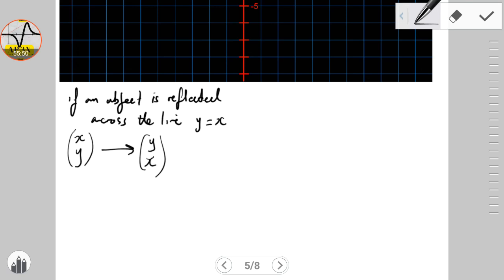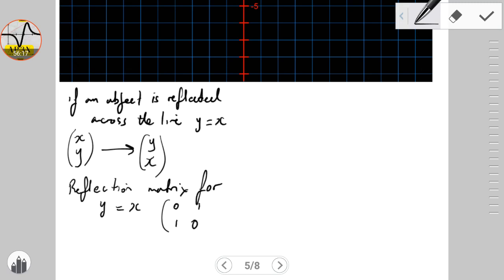Now, the correct way to teach this is to show a student the reflection matrix, and this can be a challenge for a lot of students. The reflection matrix for y equals x is in fact [0, 1; 1, 0].